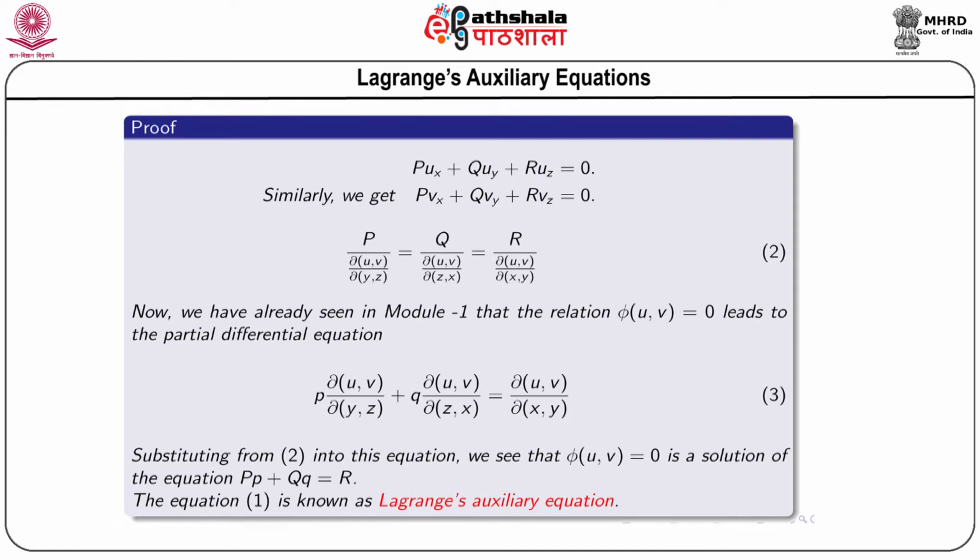Now, solving these two equations for P, Q and R, we will get P divided by del(u, v) del(y, z) equals Q divided by del(u, v) del(z, x) equals R divided by del(u, v) del(x, y).